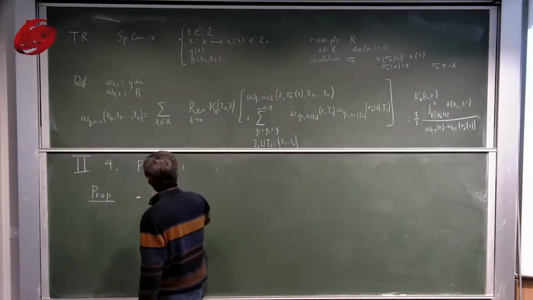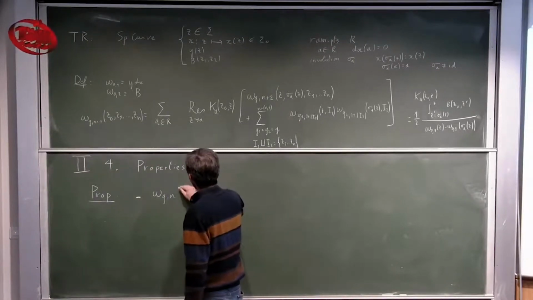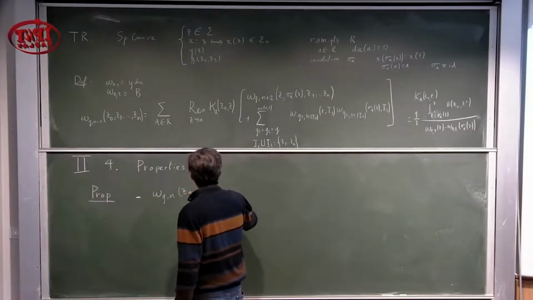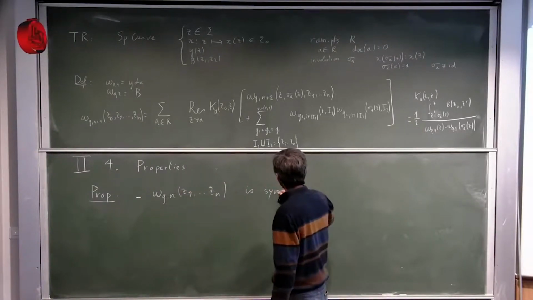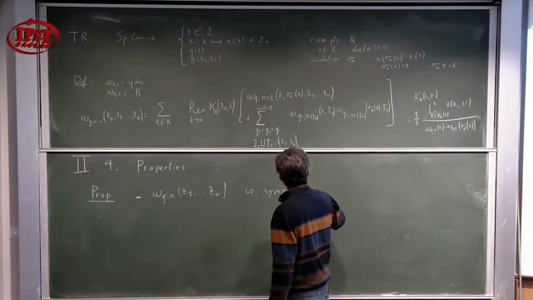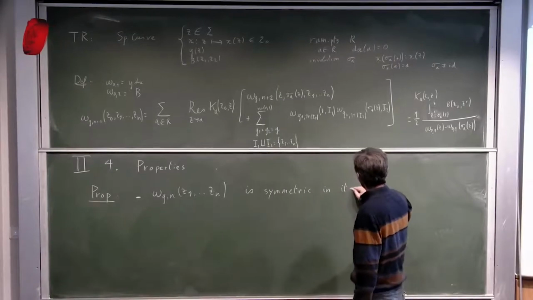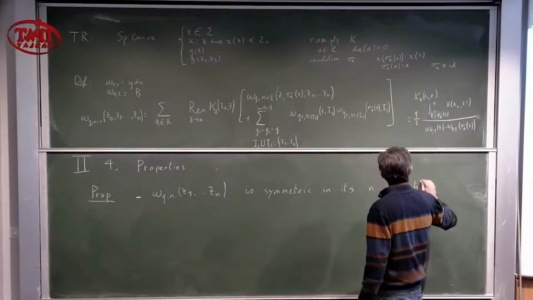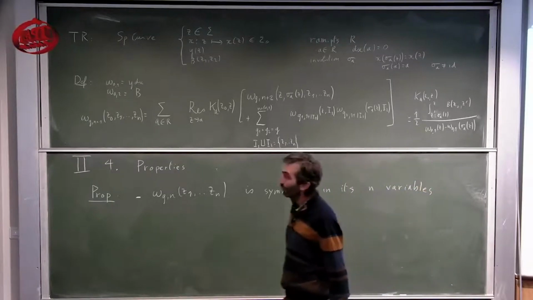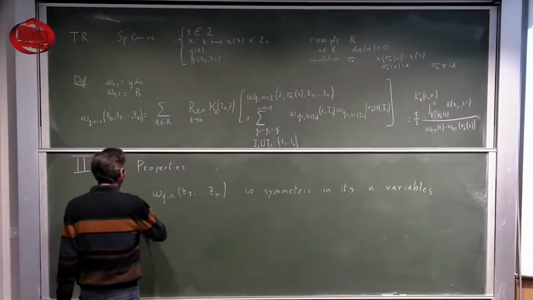Omega gn is symmetric in its n variables. Well, the proof is by recursion, of course. I will not do it. So that's the first fact.